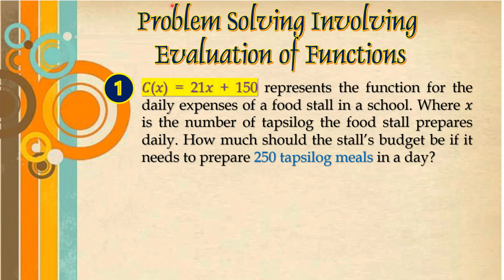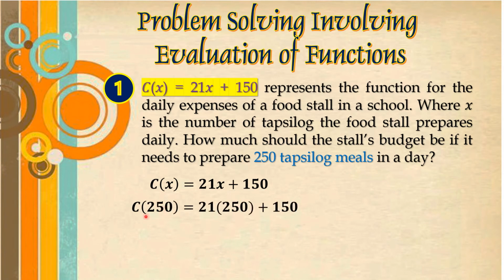So in this problem, the function is already given. So we have to write here the function, and then we have to replace x with the given value in the problem. We have here the number 250, which represents the number of x. Okay, the variable x. So we replace x with 250.